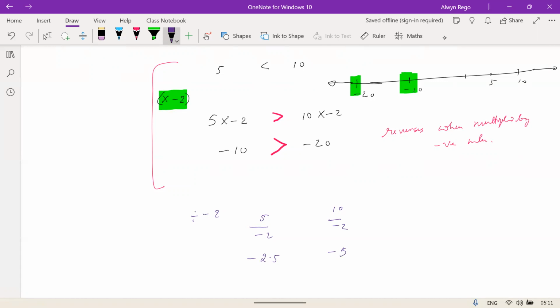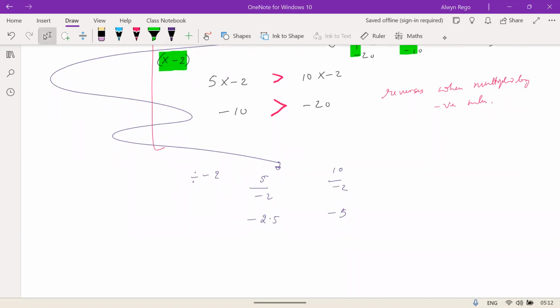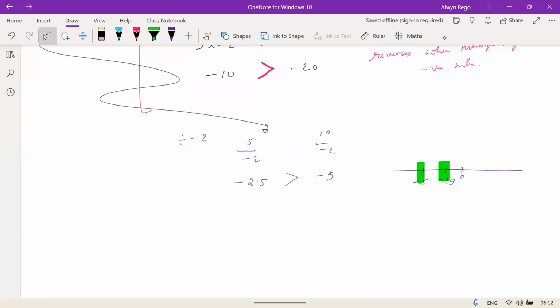You find that 5 was less than 10, but you'll find that minus 2.5 is more than minus 5. This is 0, this is minus 2.5, and this is minus 5 here. So obviously, minus 2.5 is greater than minus 5. So the inequality switches around when you divide both the sides by a negative number.